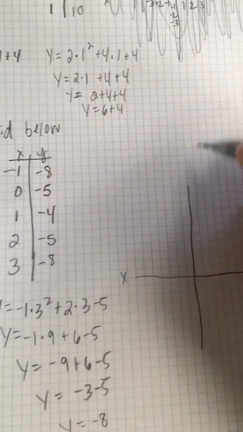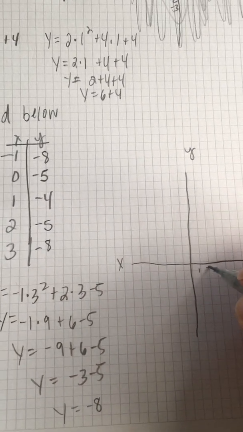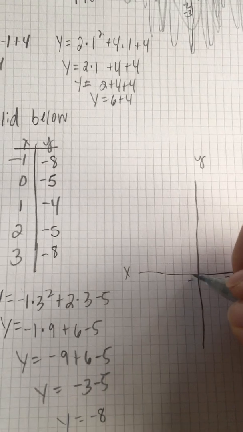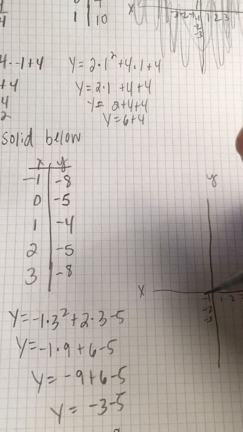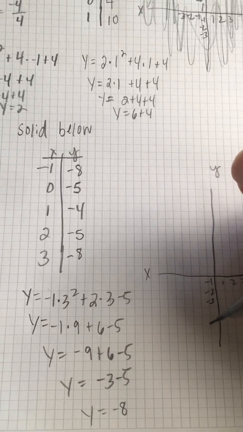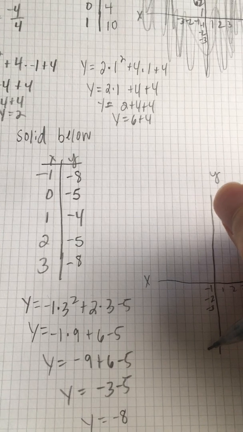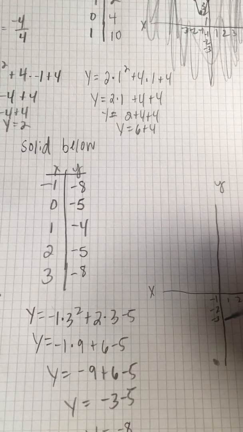This is my x-axis, this is my y-axis, and I am going to count by ones. So I'm going to move 1 to the left and down 8. 1, 2, 3, 4, 5, 6, 7, 8. Stay at 0, go down 5.